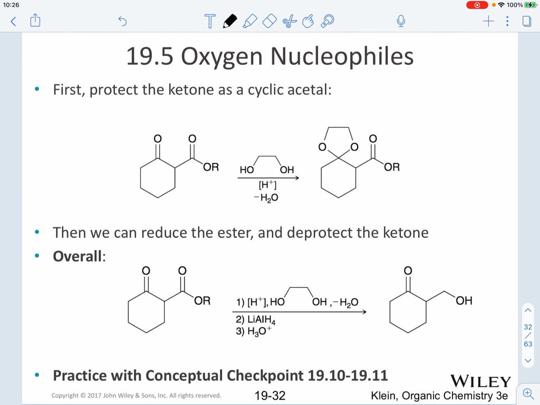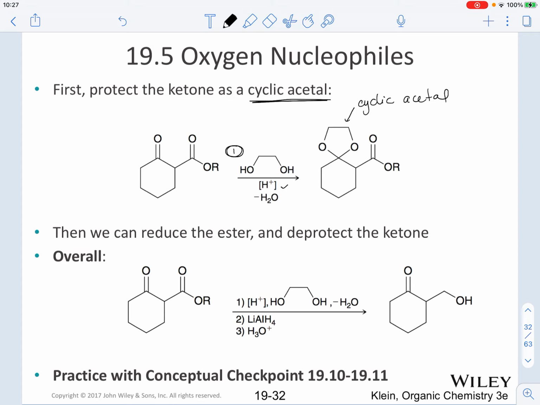Well, because we have a ketone, we can utilize a diol to make a cyclic acetal as the first step of the reaction. As you can see, we're going to use our diol under acidic conditions. We are going to remove water, and what happens is that now we are forming a cyclic acetal.